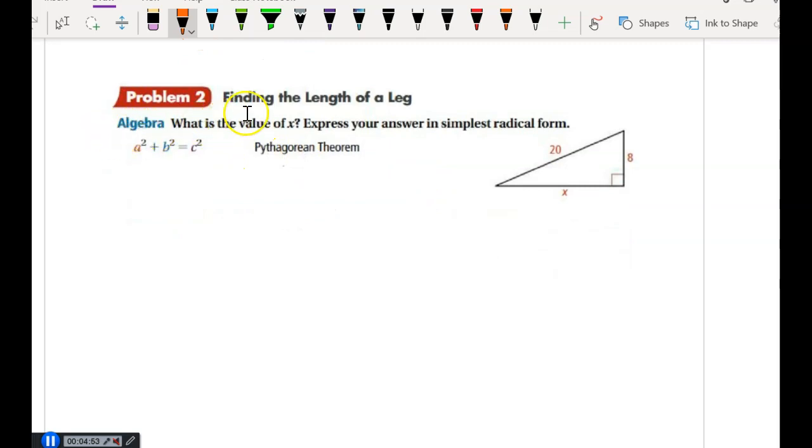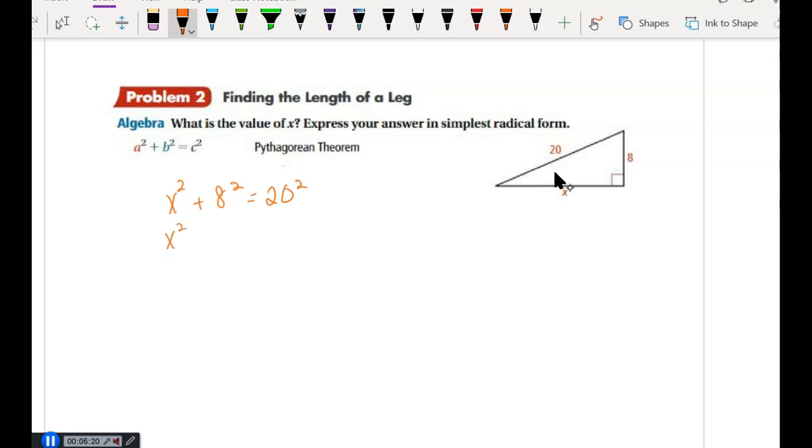So now, we want to find the length of the leg. So we're looking for this leg over here, and it wants us to write our answer in simplest radical form. So I'm going to say I have x squared plus 8 squared is equal to 20 squared.